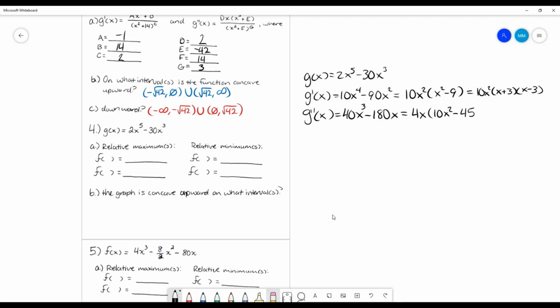Oh, but I can factor out a 5 from both of those, which means I can factor out a 20. Ah, yeah, that makes sense. Okay, so I'm going to factor out a 20x. So I get 2x squared minus 9. Yeah, 9, not 90.